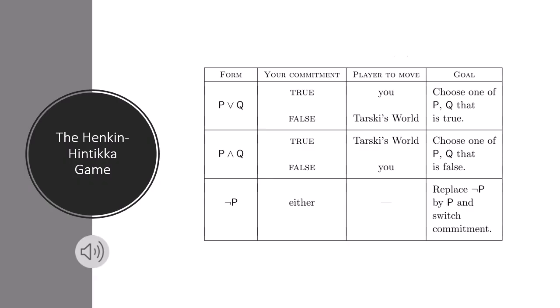If you repeat this process over and over, removing those Boolean connectives, eventually there are no Boolean connectives, and you get down to atomic sentences. Then at that point, you can just inspect the atomic sentences and see whether they are actually true or false. And that will tell you if your initial commitment was true or false.